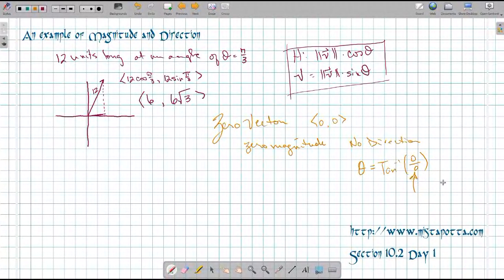And this, we talked about in chapter 8, is an indeterminate form.